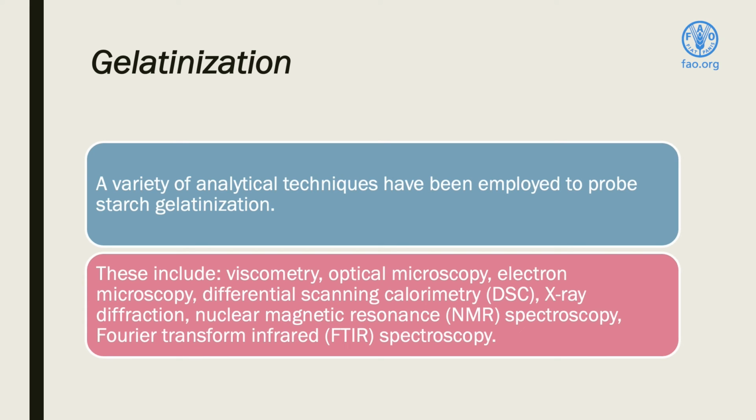Next is gelatinization. Various techniques have been employed to probe starch gelatinization, like viscometry, optical microscopy, electron microscopy, differential scanning calorimetry, X-ray, NMR, FTIR. Among them, I recommend using DSC to determine the gelatinization.